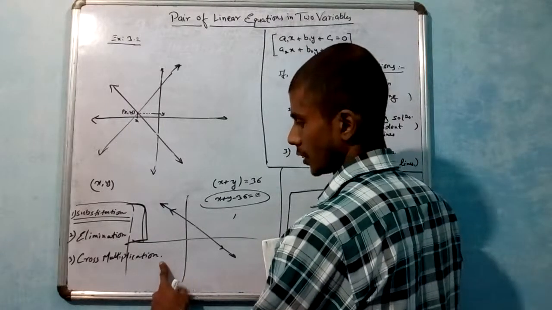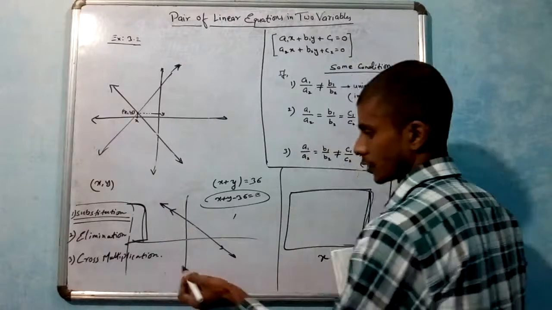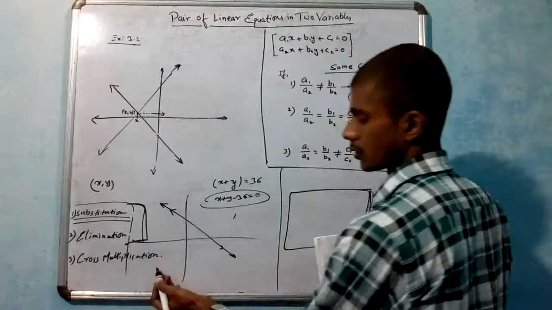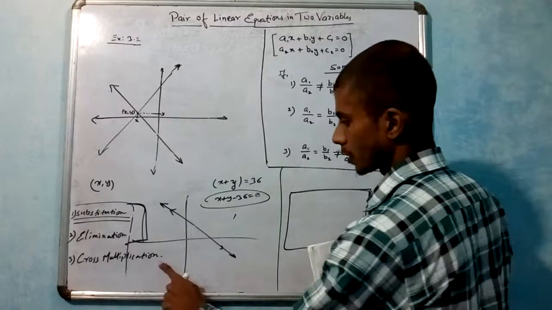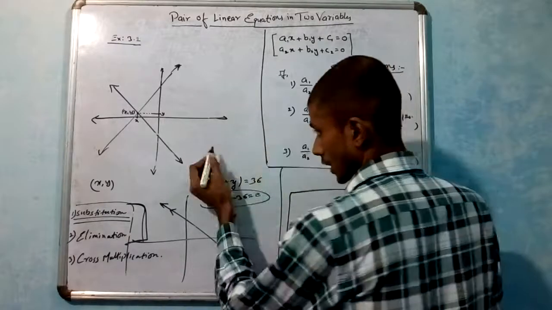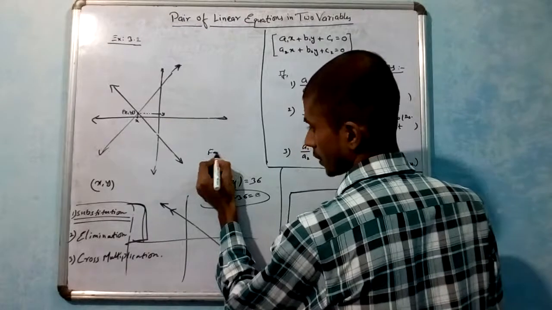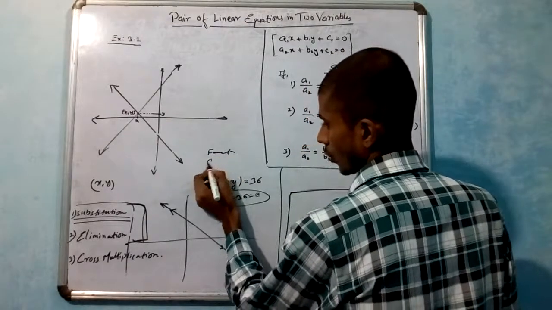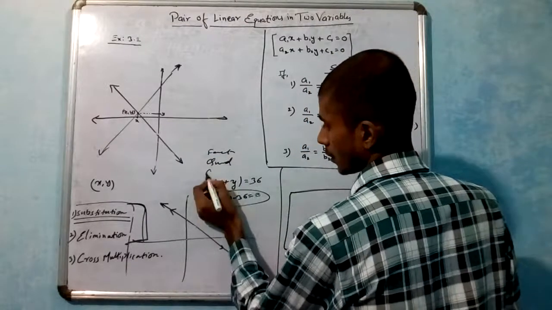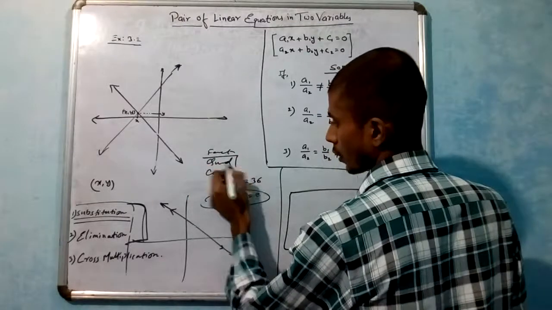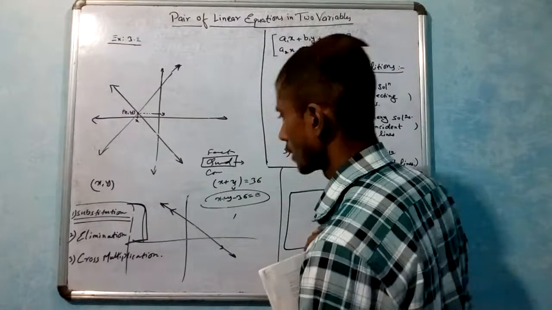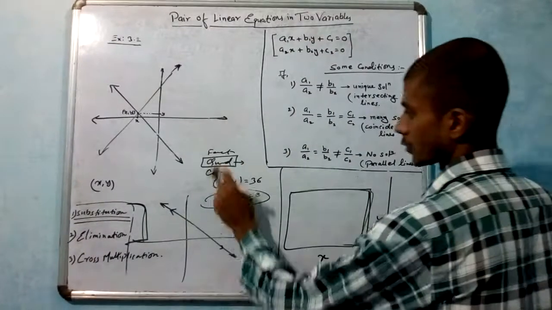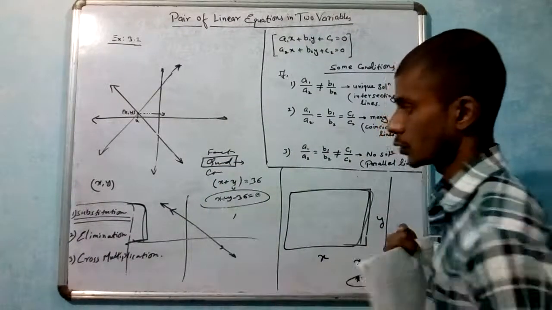This cross multiplication, the third one, is rarely used. Just like in quadratics we had the factorization method, the quadratic formula, and completing the square, the most used one was the quadratic formula, because without any tension about how to factorize or complete the square, it is direct.